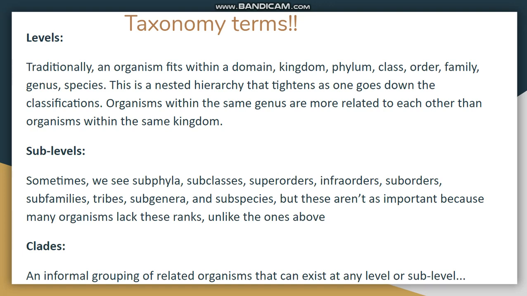So a species should have the most key characteristics to it, whereas a domain should have the least. And so everybody in the Eukarya, the only thing they have in common is that they are eukaryotic. However, when we get down to the kingdom Plantae, which is the plant kingdom, all plants have to be multicellular, as well as a few other things that characterize plants specifically.